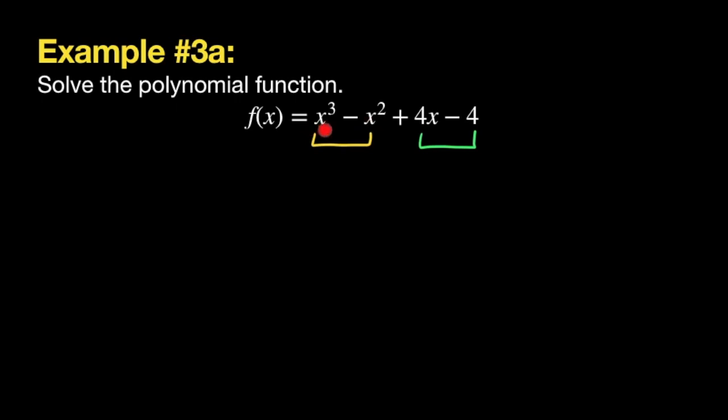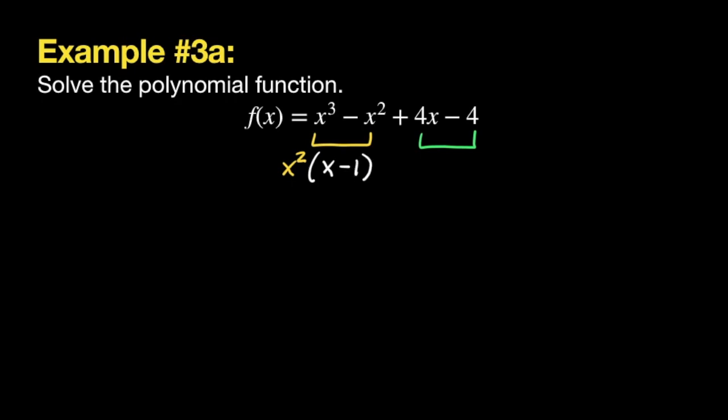This one is x to the third power, so x times x times x, and this one is x to the second, so x times x. So from the first part, we're going to factor out an x to the second because they both have that term, and we are going to be left with x minus 1.